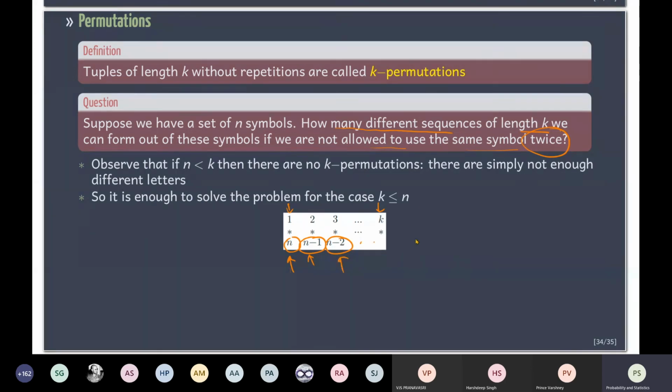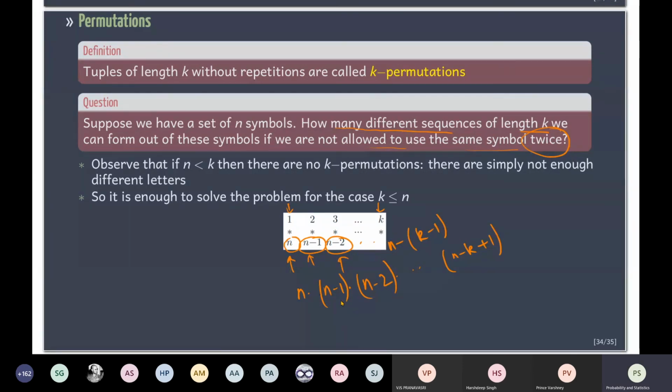So this is how we go up to k, and the last place will have n minus k plus 1 choices. By the product rule, all possible k permutations are counted by multiplying n times n minus 1 times n minus 2 times dot dot dot times n minus k plus 1. So this is the k permutation formula.